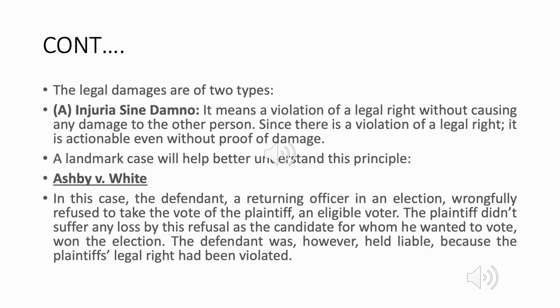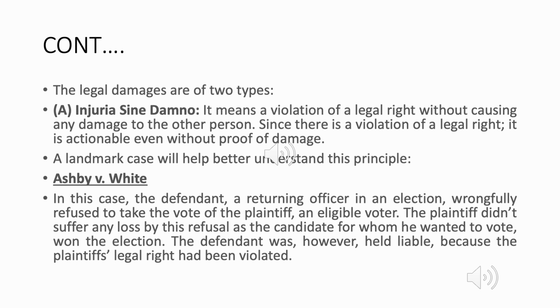So, this means there must be some kind of act or omission of duty on the part of the defendant or the wrongdoer. He must have done something that he was not expected to do, or he omitted something which he was expected to do, and that act or omission must have affected the legal right of another person.